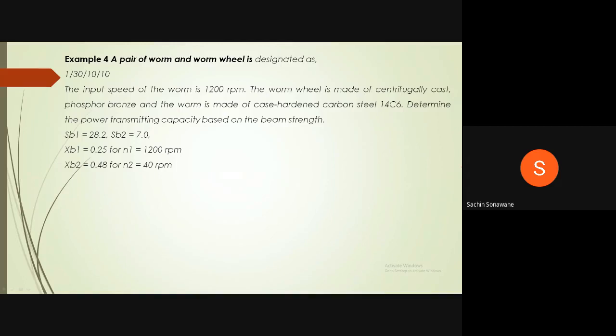Okay, I think you have written the problem. Now we will write down the given quantities.